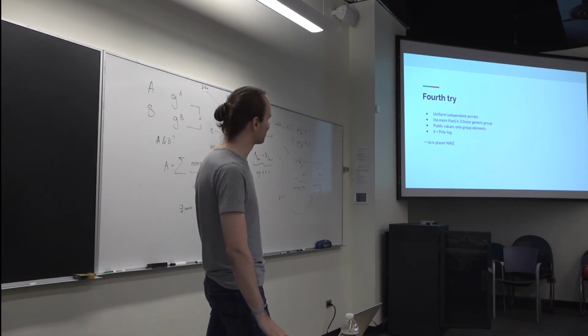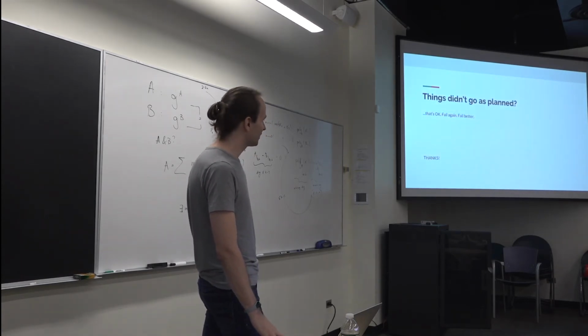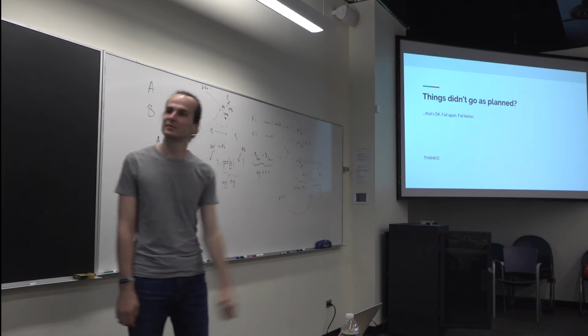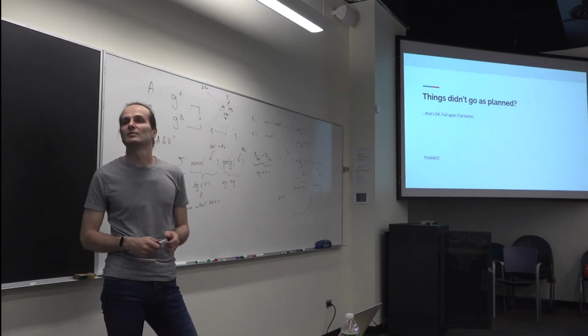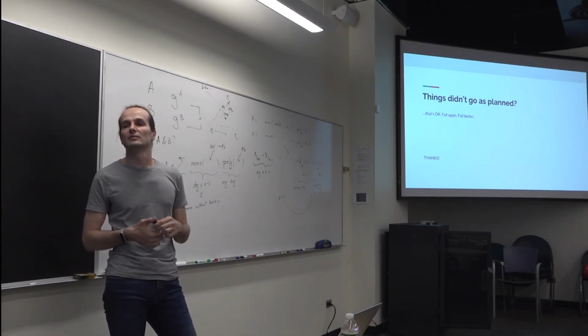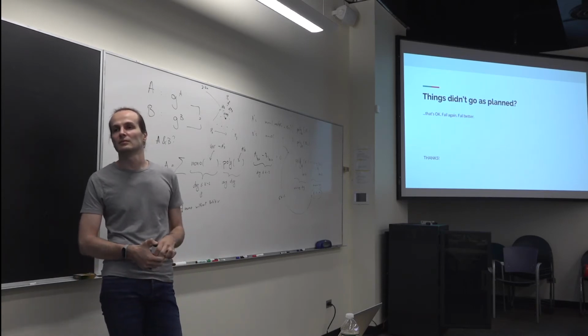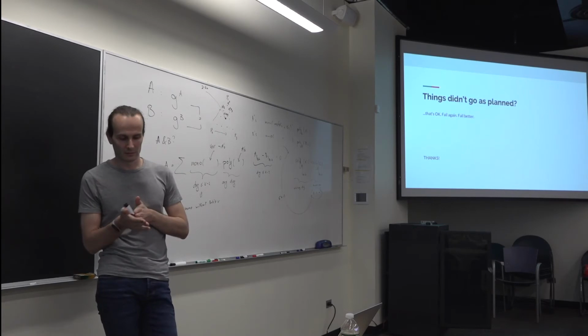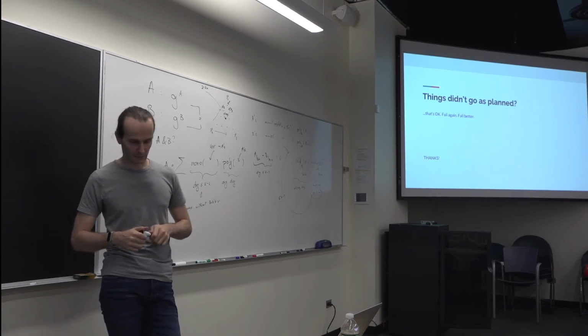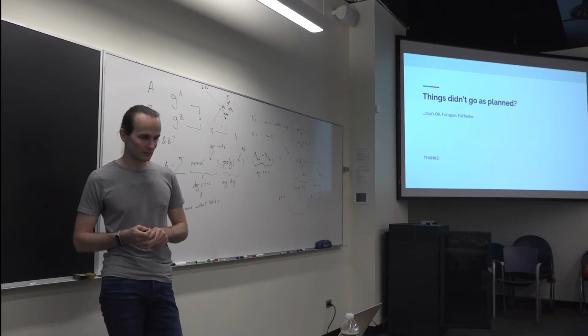Do you want to say anything about the kinds of things we wanted to do after this? So we sort of thought of this as a toy problem in a new domain of proving lower bounds from multilinear things. And this was supposed to be step one of a 10-step plan.